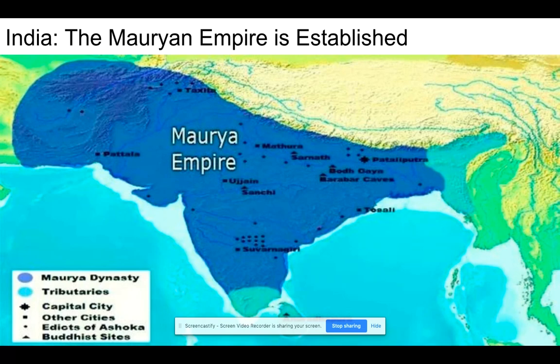This book proposed tough-minded policies to hold an empire together, including spying on the people and employing political assassination. Following Kautilya's advice, Chandragupta created a highly bureaucratic government. He divided the empire into 4 provinces, each headed by a royal prince. Each province was then divided into local districts, whose officials assessed taxes and enforced the law.